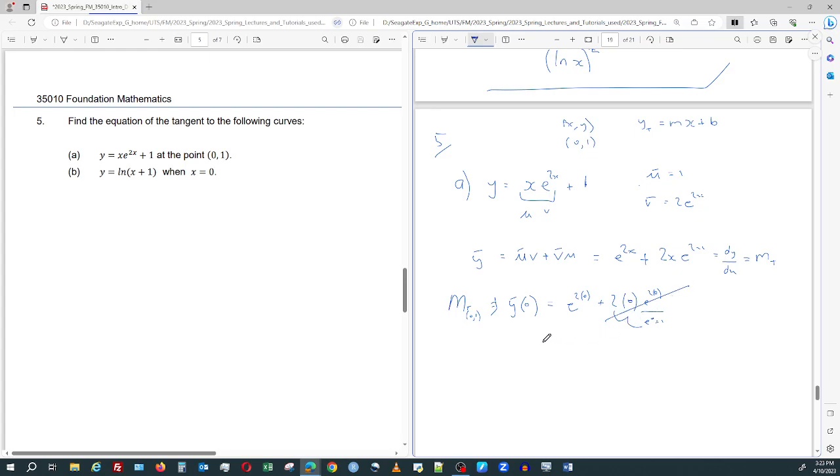So that term's gone. E to the 0 is in fact 1. So the answer is we have a gradient of plus 1 at this point.